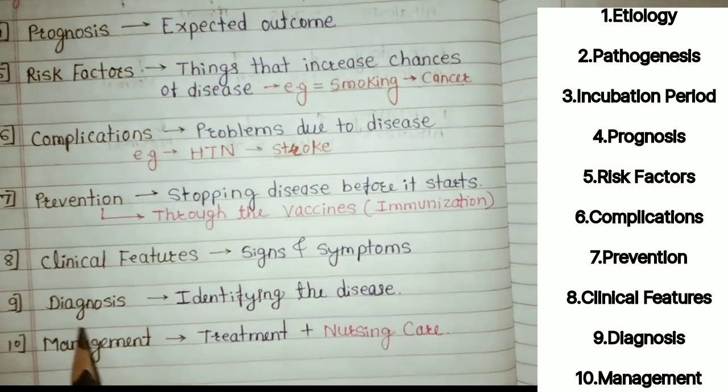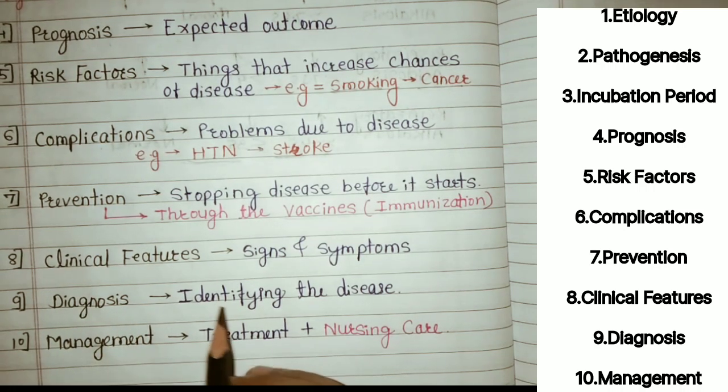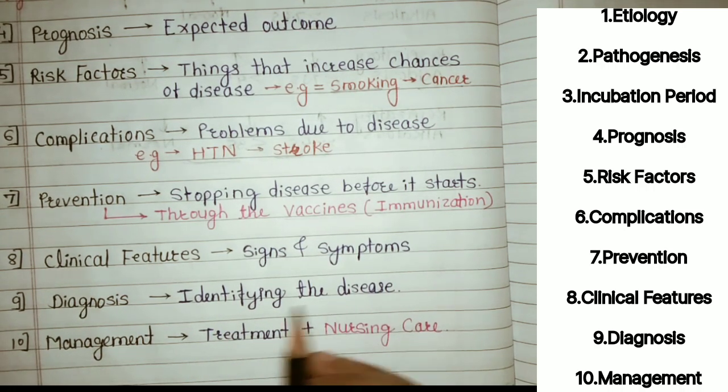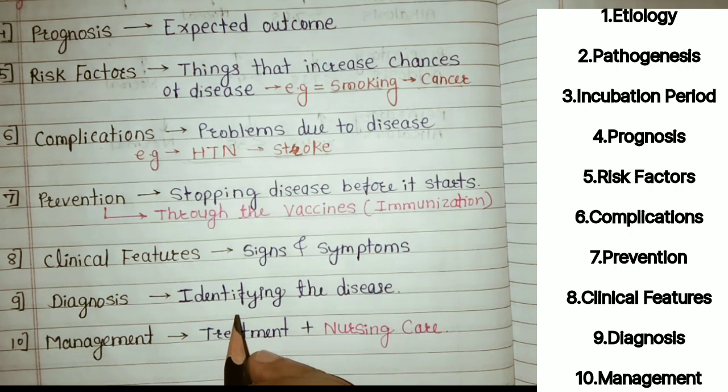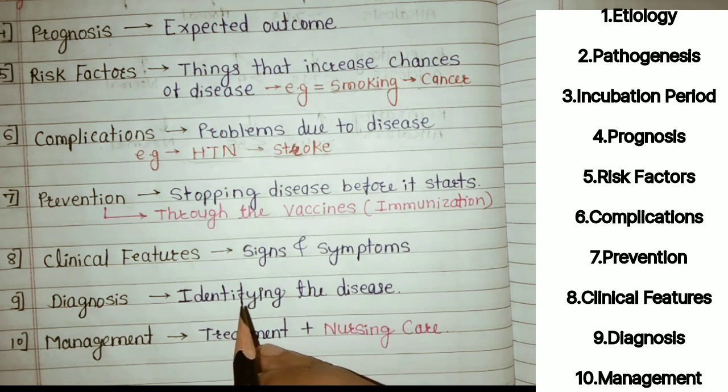Then the diagnosis, identifying the disease. How do we identify disease in the patient? In that, we see the patient's behavior, signs and symptoms, complications, and how he reacts, how he shows signs and symptoms of any disease.